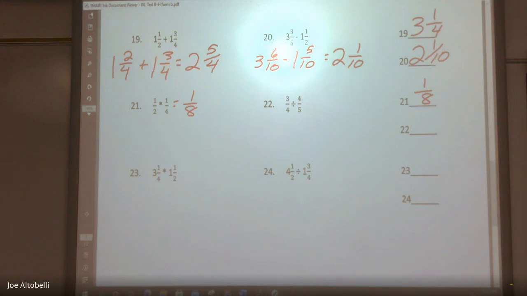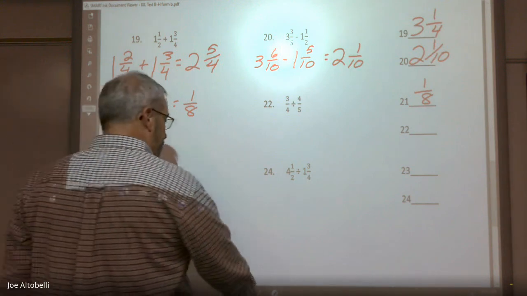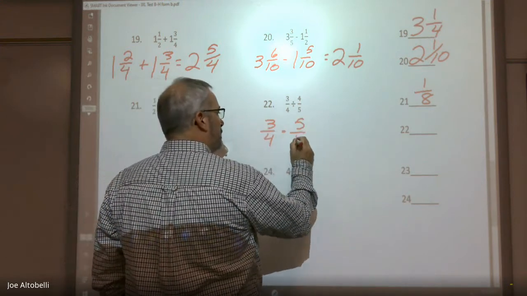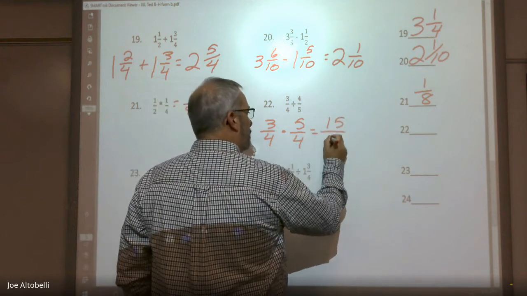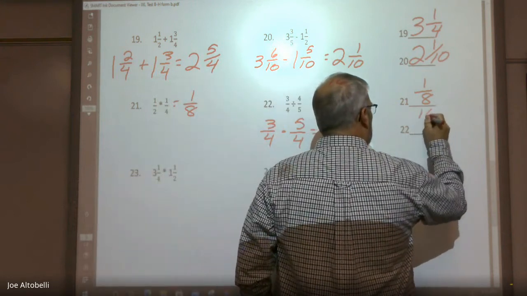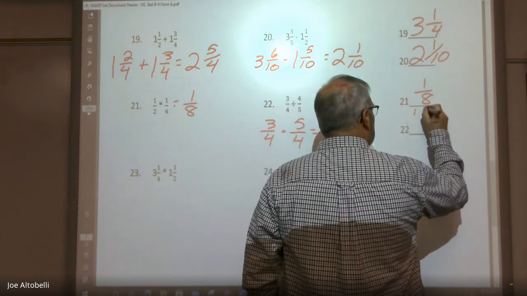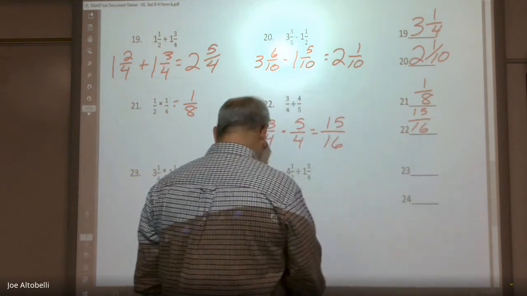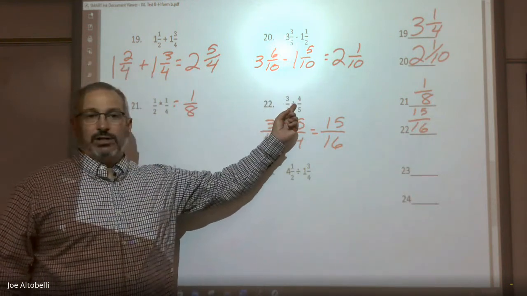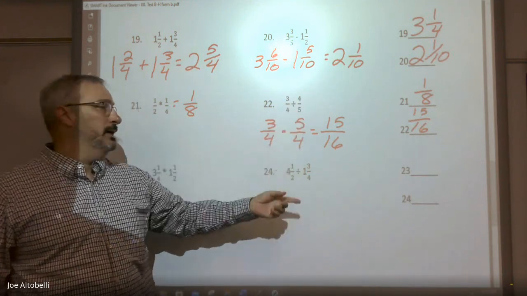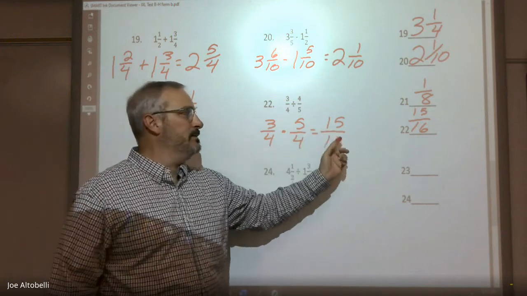Sometimes yes, but that one, no. We changed dividing to multiplying by the reciprocal, and then top times top, bottom times bottom, and simplify.